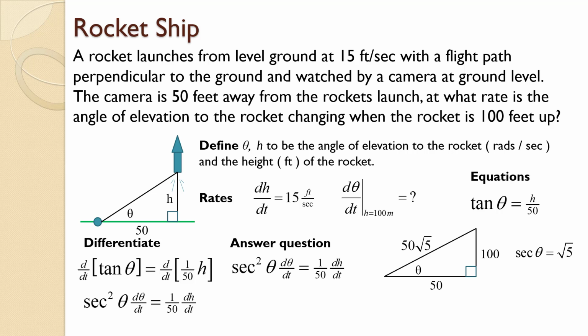So if I know what the secant of theta is, I know what the secant squared of theta is. Replacing that, the secant squared of theta is 5, then I have my d theta dt, and that's equal to 1 over 50 times dh dt, which is 15. Just solving for d theta dt gives me that the rate of change of the angle in time is 3 over 50 radians per second. That's 0.06 radians per second.